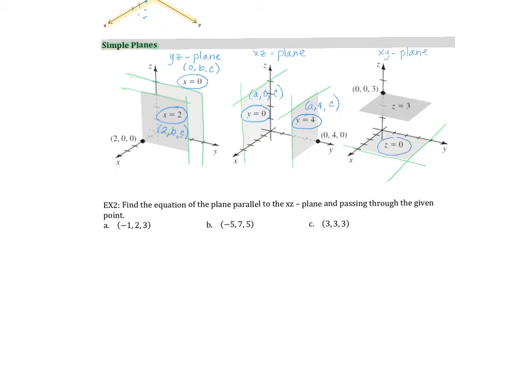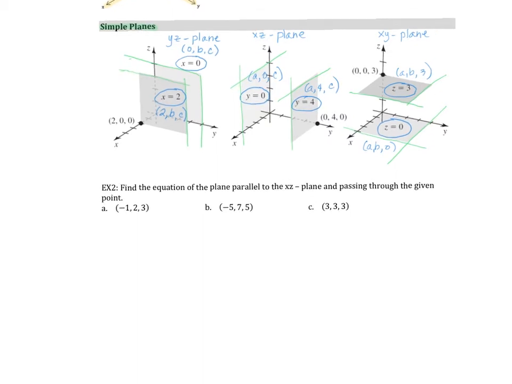The plane z = 0 has points of the form (a, b, 0). And any plane parallel, say z = 3, will have points of the form (a, b, 3).